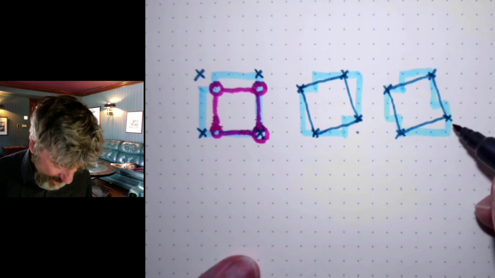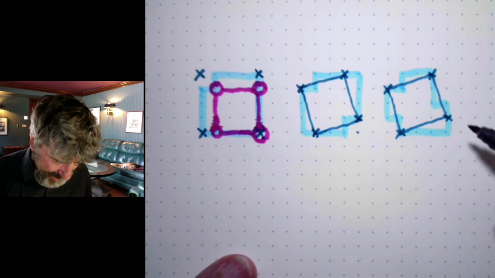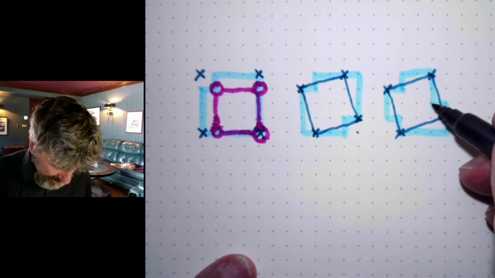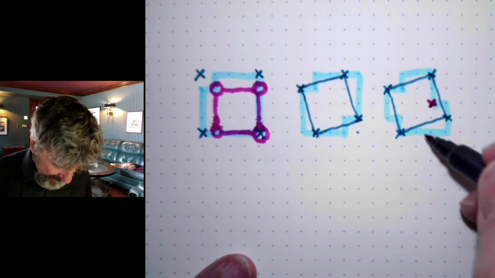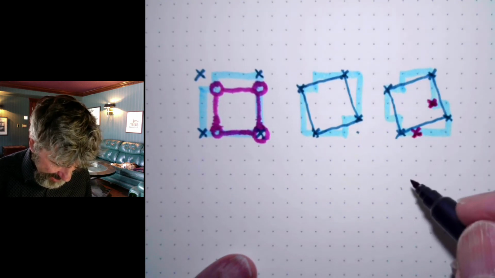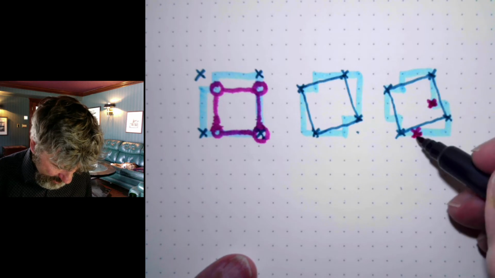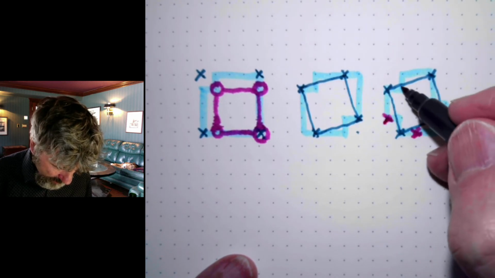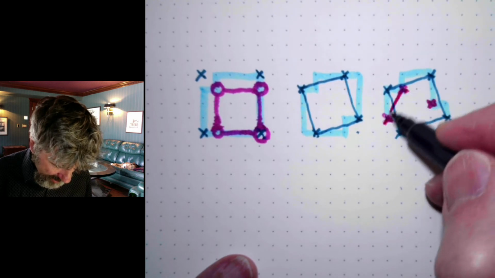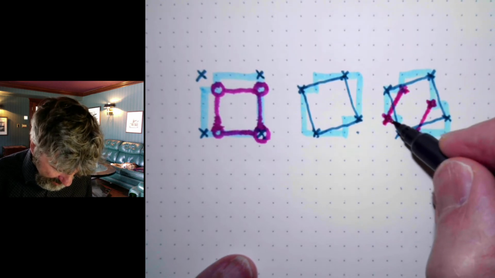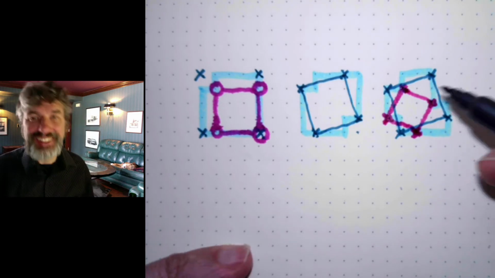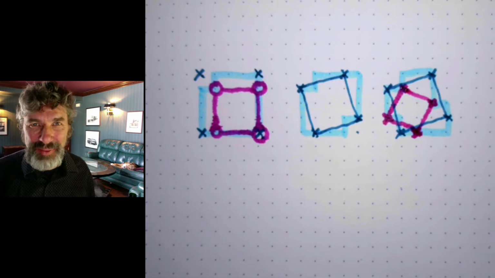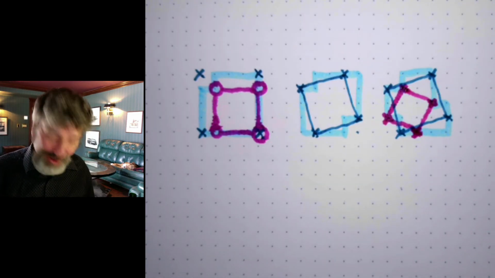I don't think this is even the only square, because look, you could take this and this, and so 2, 1, 2, 1, 2, 1, 2, 1. You could take those ones, and this is also a square. Oh, it's a disaster.